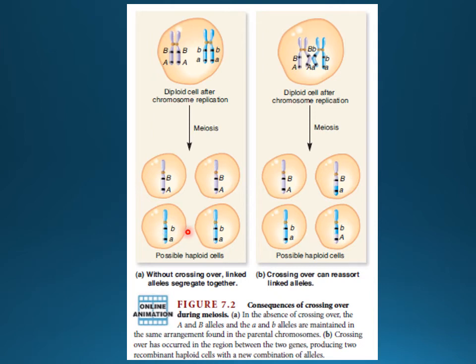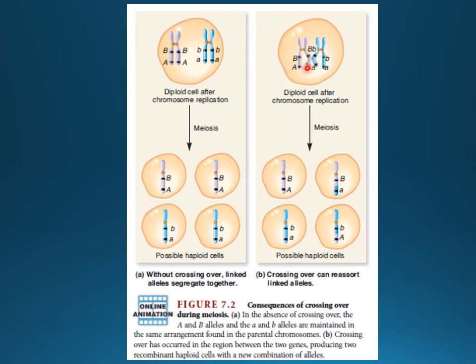The possible haploid cells have the same combination which the parent has. You must know that these are duplicated chromosomes, but in gametes they contain a single copy, and so the single copy has the same alleles which are present in the parent. But what happened when crossing over took place?